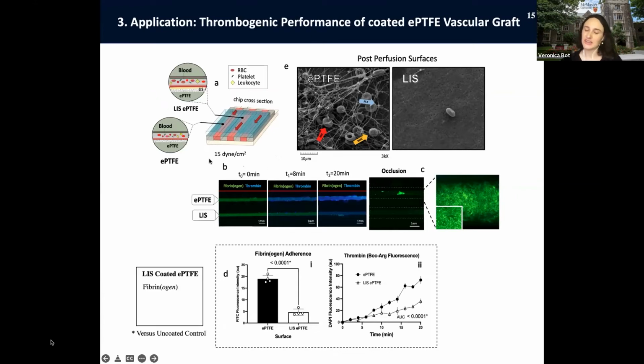So basically, in short, we did this relative comparison. We found that the coated surface had decreased fibrinogen adsorption, decreased thrombin activity, cumulative thrombin activity, and decreased surface adhesion. And this third conclusion was drawn primarily from SEM, which told us a lot of information, not only about bulk clot formation, so adherence on the surface, but also which types of species were adhering to the surface.